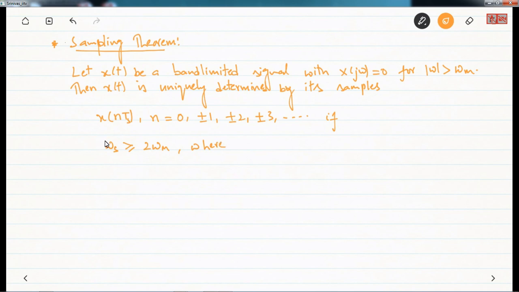So where is this omega s coming from suddenly? This omega s is nothing but 2 pi by Ts.